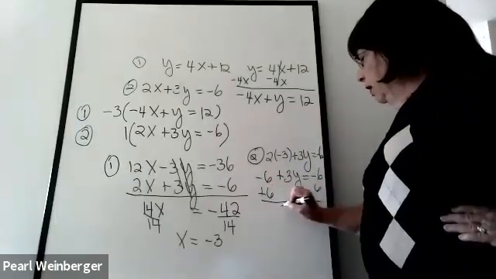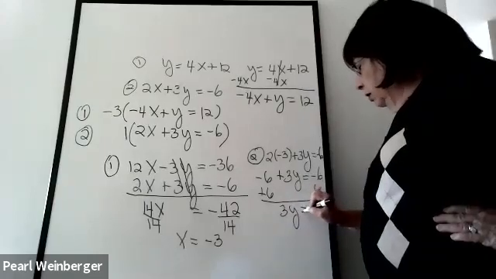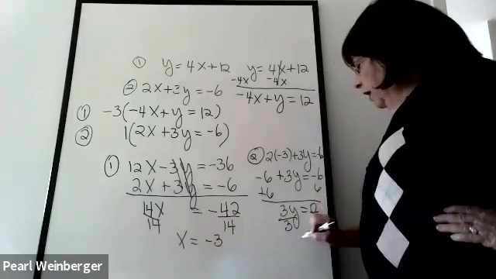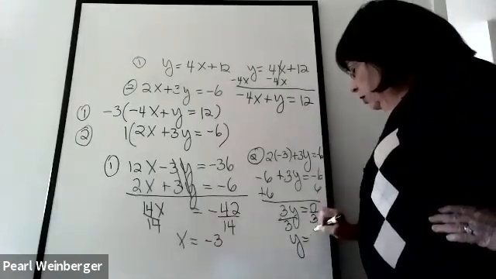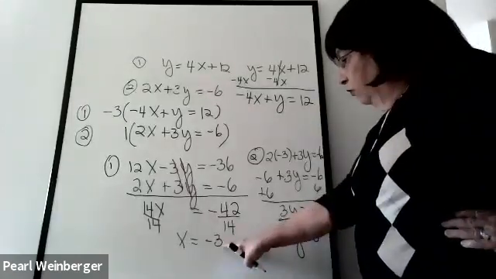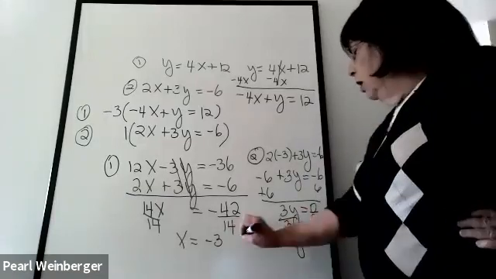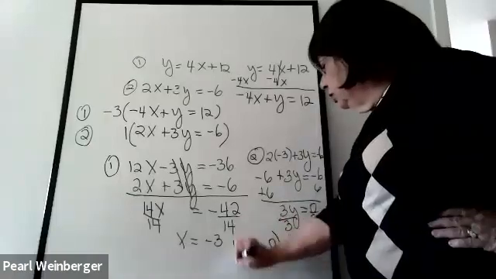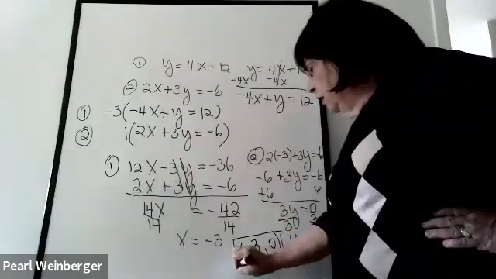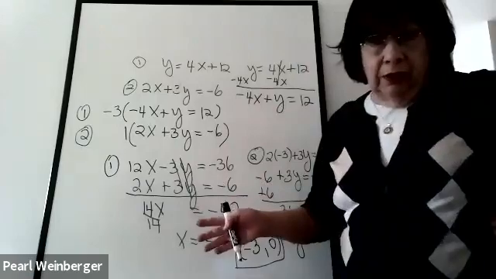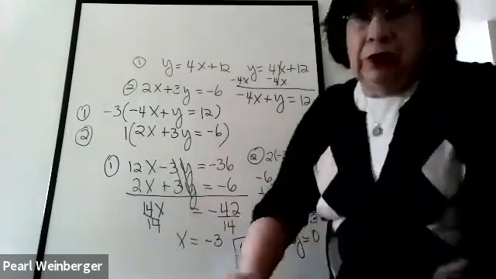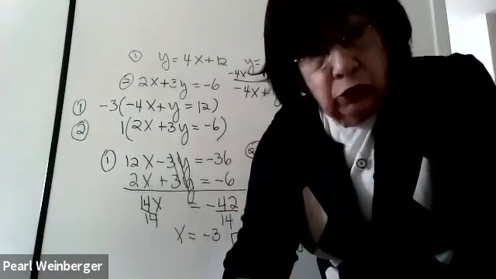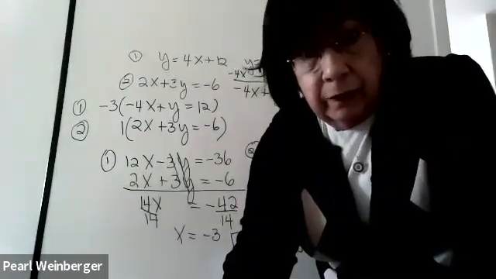And I'll get 3y equals 0. And when I divide by 3, 0 divided by anything is 0. So again, I get -3 for my x and 0 for my y. -3 comma 0 as our solution, just like we did before, using the elimination method. Again, it doesn't matter which method you use, just which one you find more comfortable.